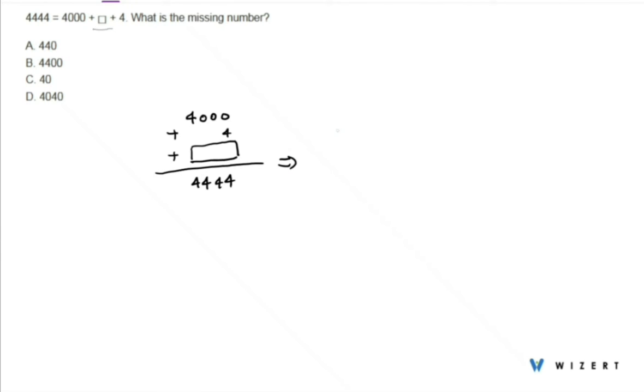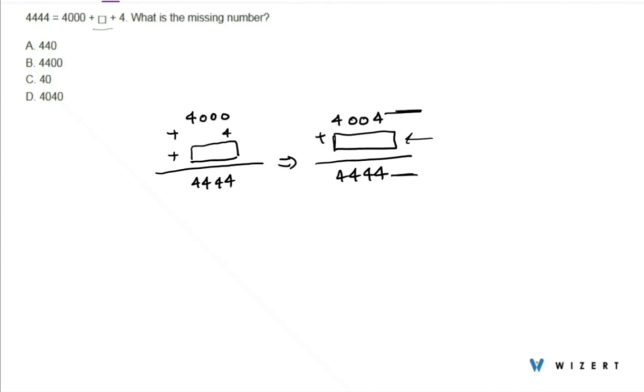So this addition can be written as 4004 plus blank equal to 4444. Now we can either predict the number which will come over here, or we can subtract this from this.